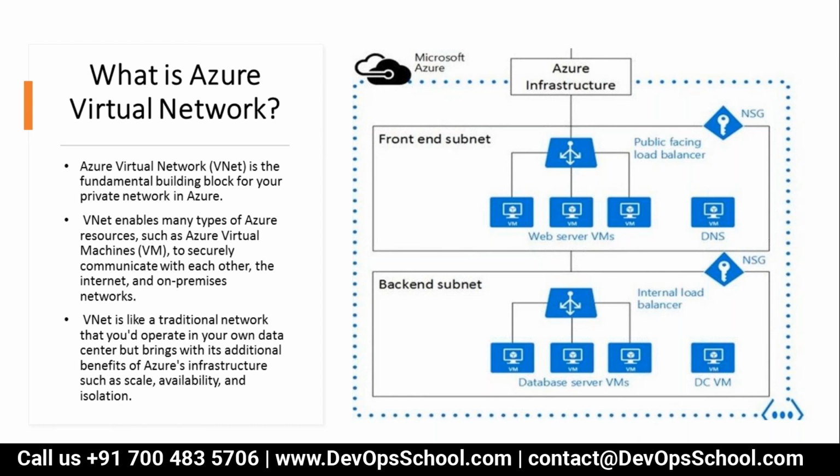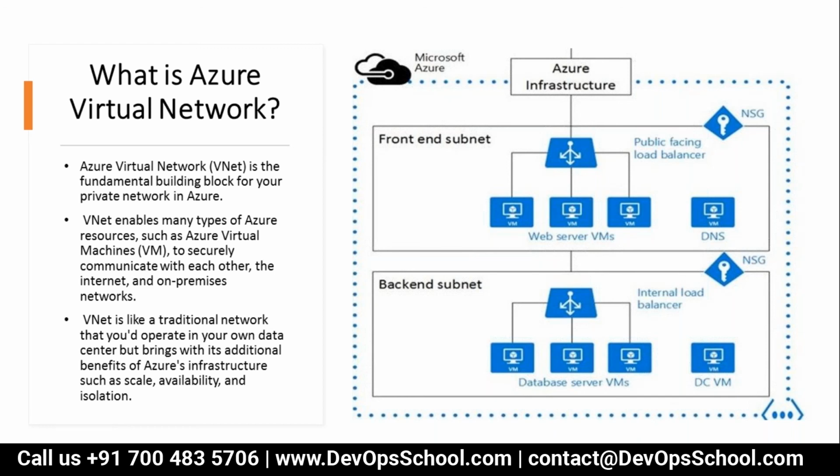A virtual network is one of the services offered by the Azure cloud provider. The work a network does, the same kind of work it does in Azure cloud. That is what VNet is.